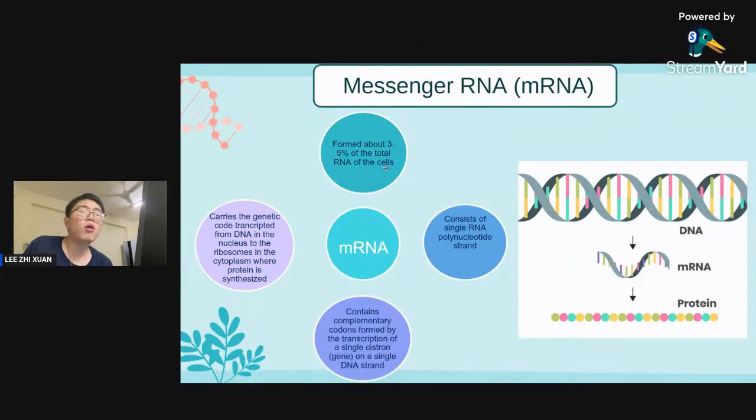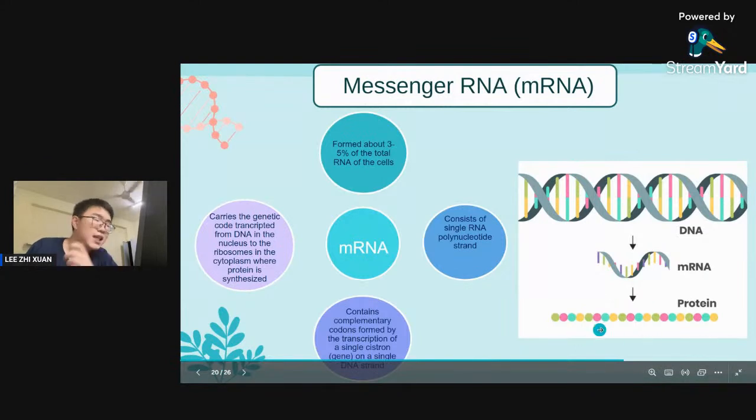So it does not copy all of the DNA information to the mRNA. No, it only copies some important genetic code that is bound with the protein. Okay, so it contains complementary codons, so it has the complementary codons with the DNA.